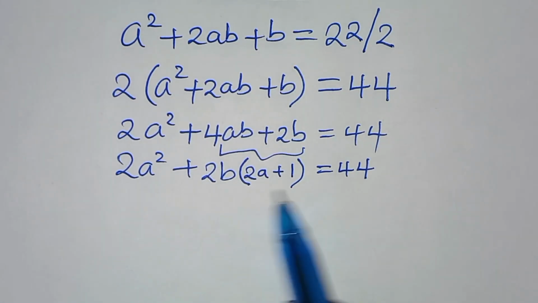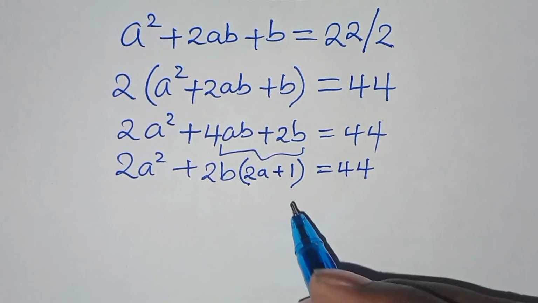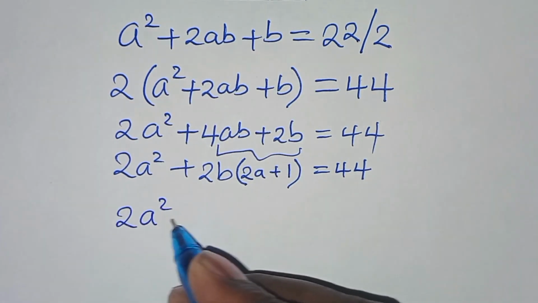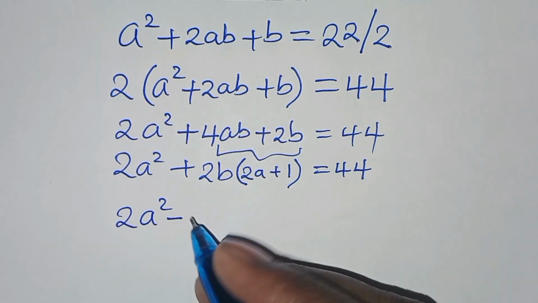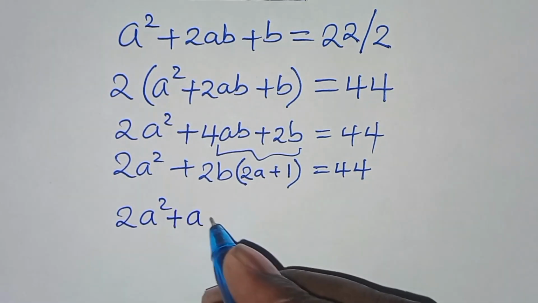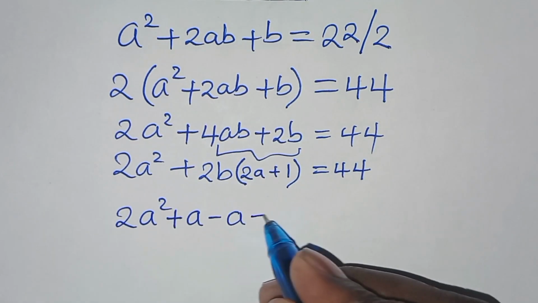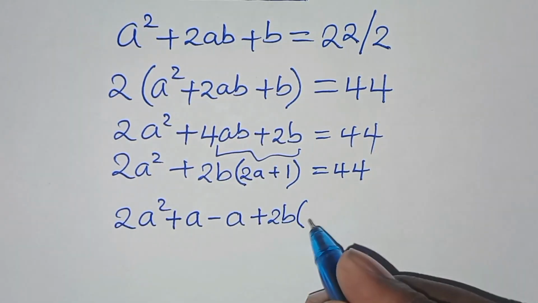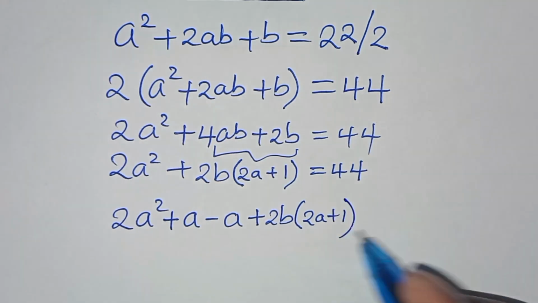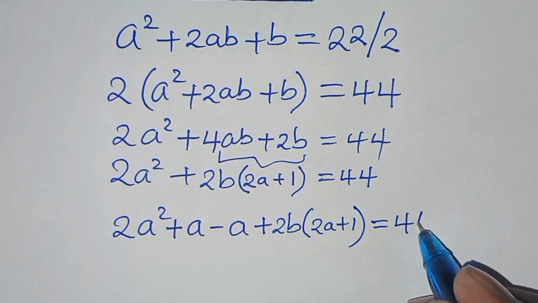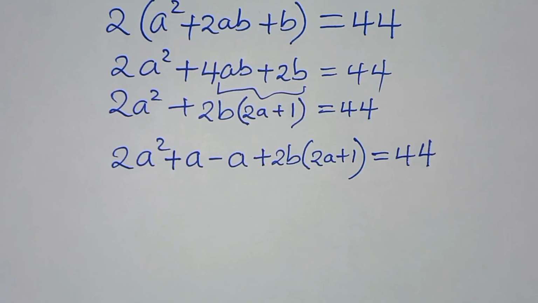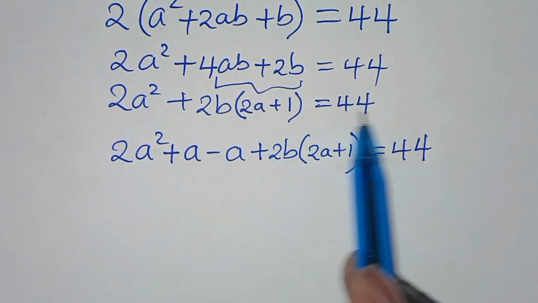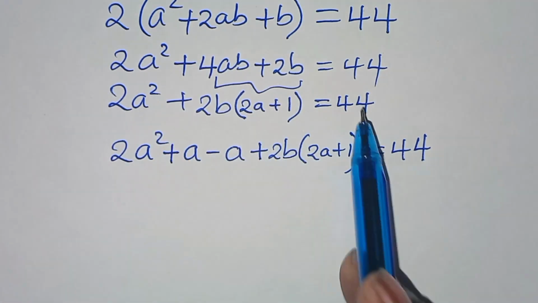The next step from here, let's add a and subtract a, so that we'll have 2a squared minus a, plus a, plus 2b into the parentheses, 2a plus 1, equal to 44. So a minus a is the same thing as 0, so this has no impact on the original equation.